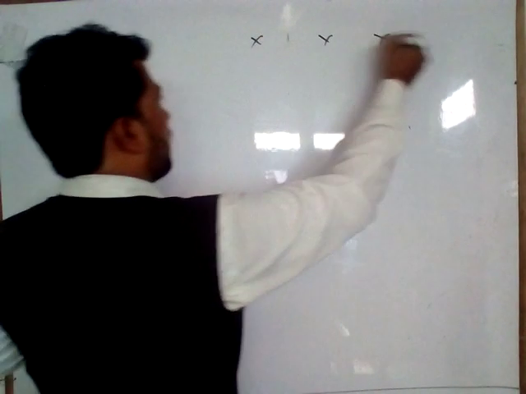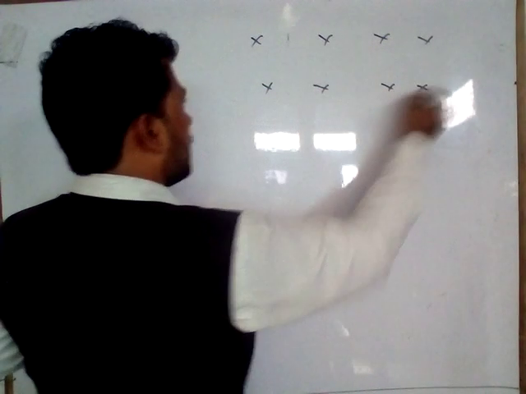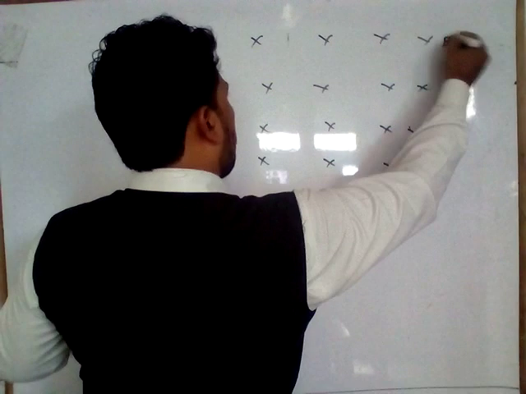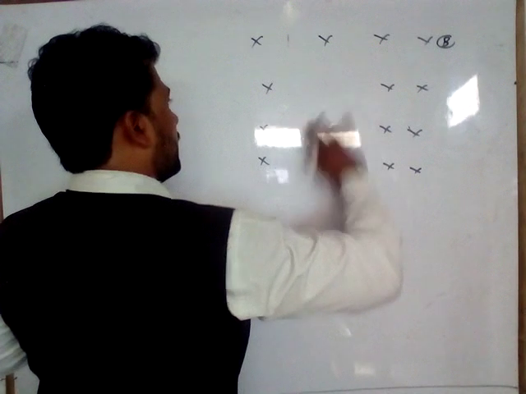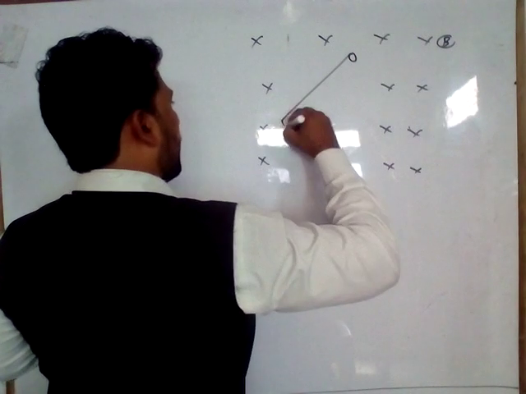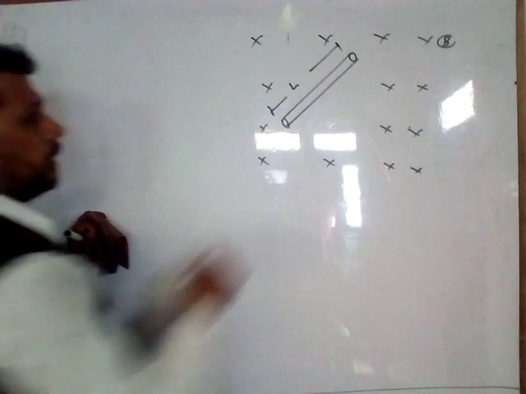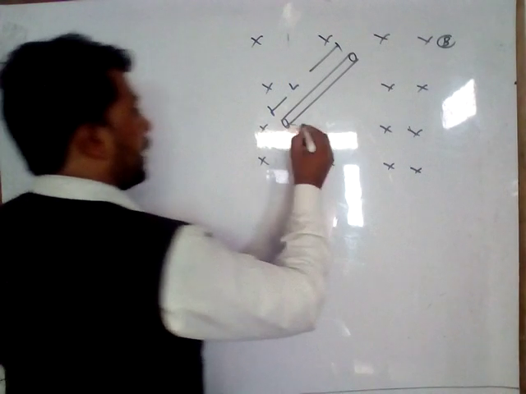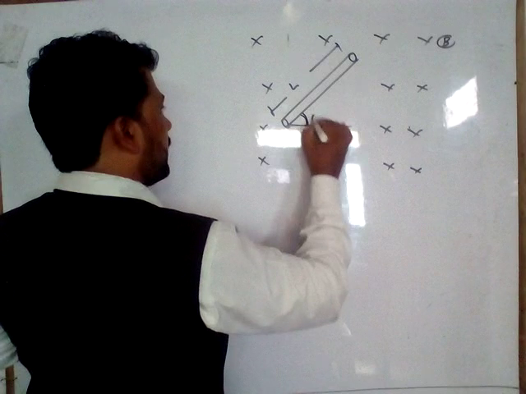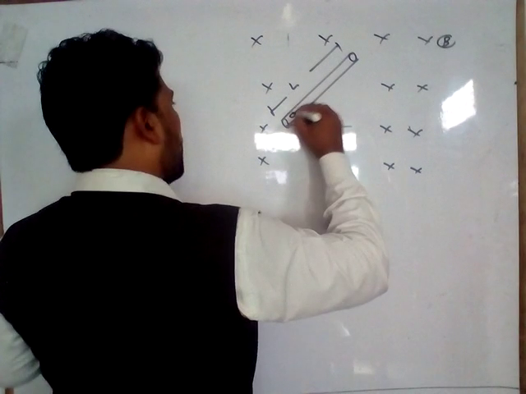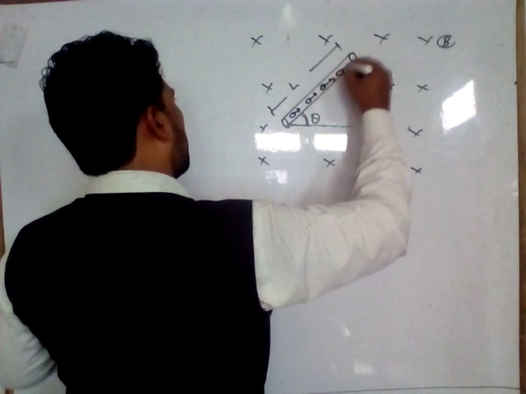Let me consider this is a uniform magnetic field B, and here is a current carrying conductor whose length is L, placed at an angle theta from the magnetic field, and here electrons are moving with velocity Vd.